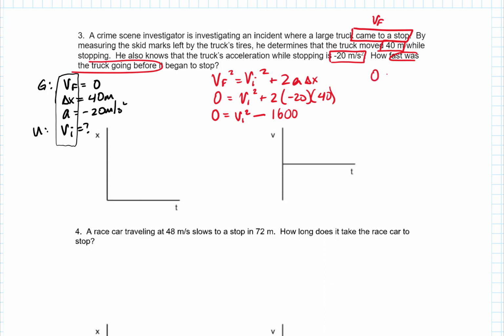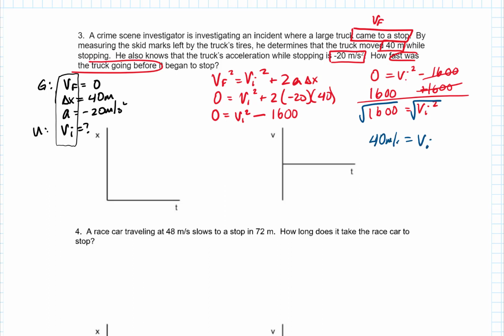Let's write that down over here again. 0 is equal to v initial squared minus 1600. So 1600, if we add that to both sides, goes away over here, and I get 1600 is equal to initial velocity squared. We're going to take and square root both sides there. So my initial velocity comes out to be 40 meters per second.